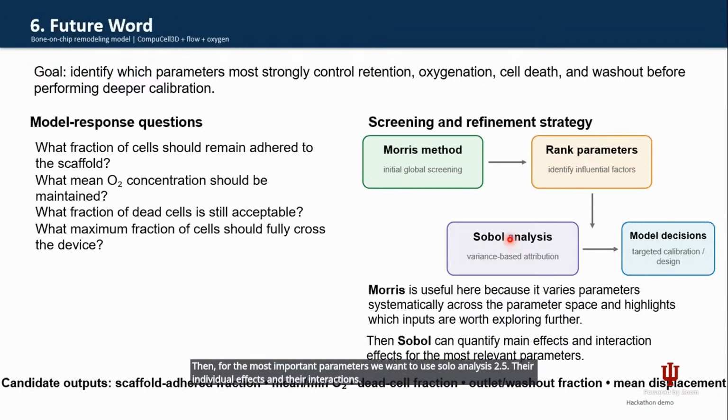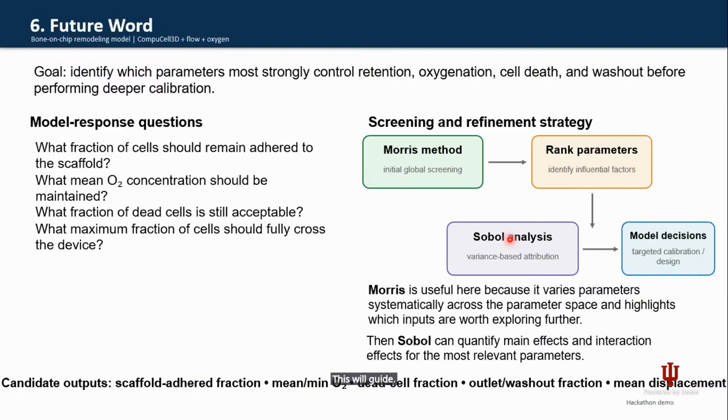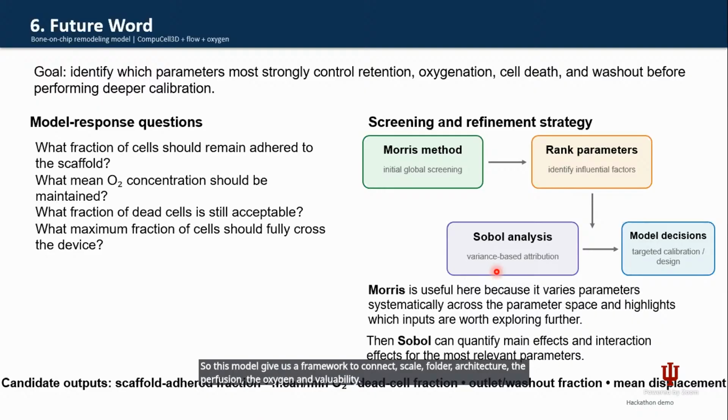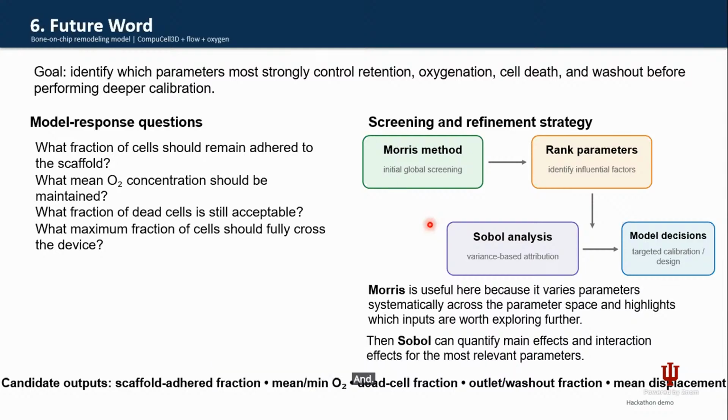This will guide target calibration and future scaffold or operating condition optimization. So this model gives us a framework to connect scaffold architecture, perfusion, oxygen availability, and cellular retention in a single bone-on-chip simulation.